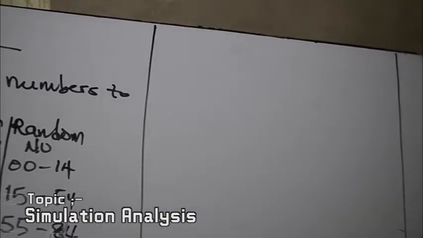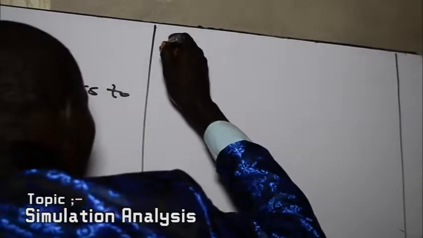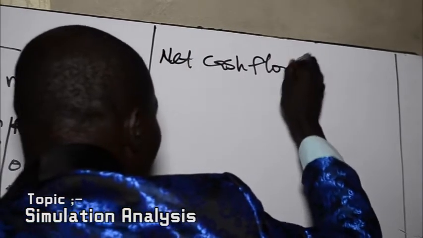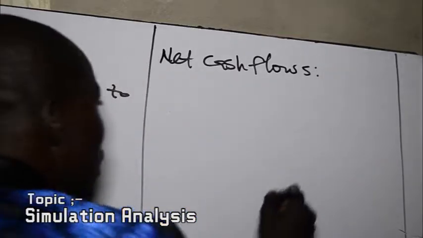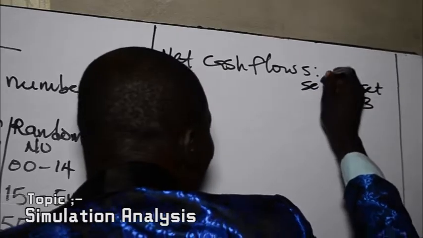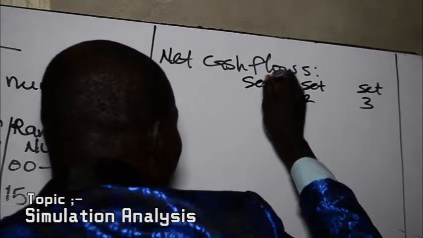So we have 3 sets: set 1, set 2, and set 3.